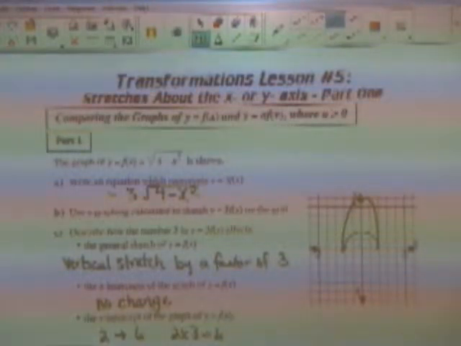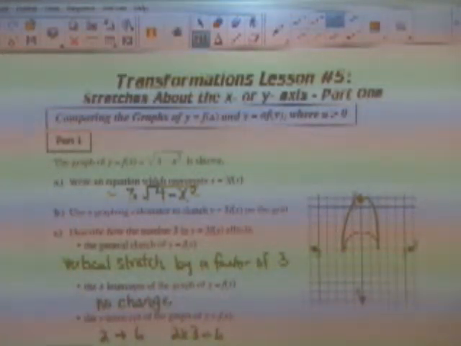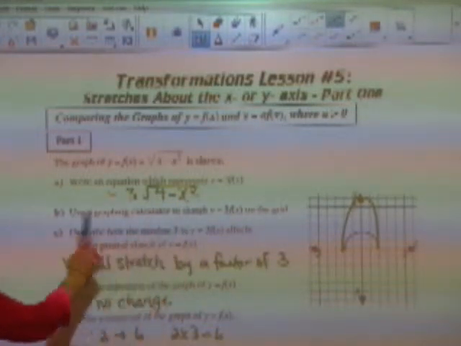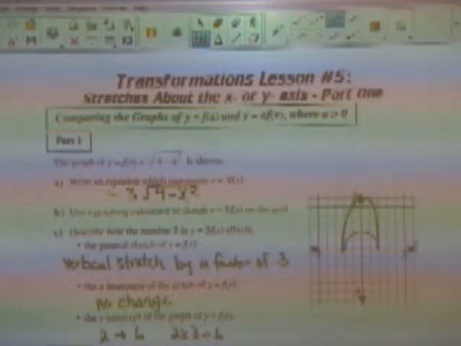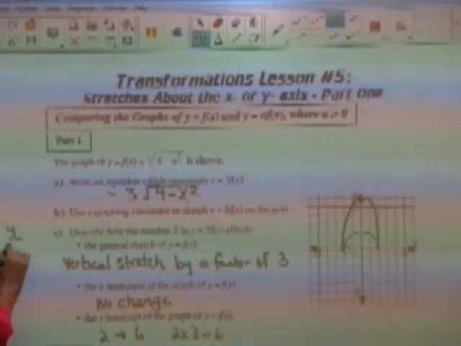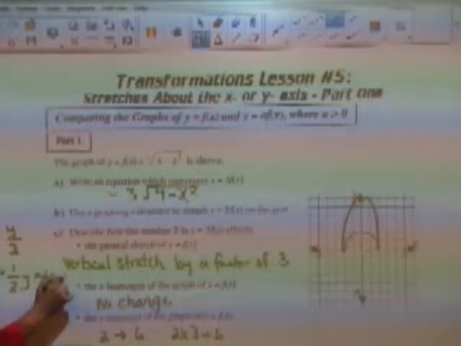Now, if we've got a vertical stretch happening, that 3 was actually with the y before it was brought over. So if I was to put the 3 over to the other side of the equation, what would I have gotten? Y divided by 3, which I can write as 1/3 y equals f of x.